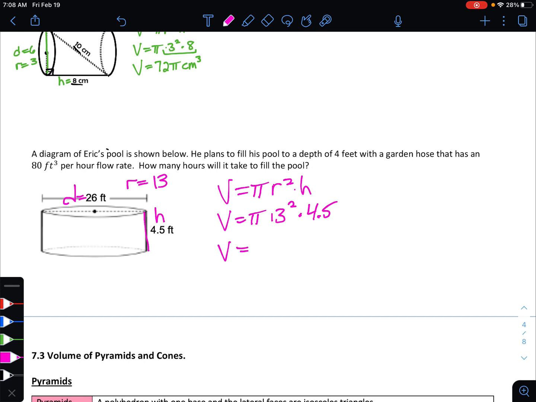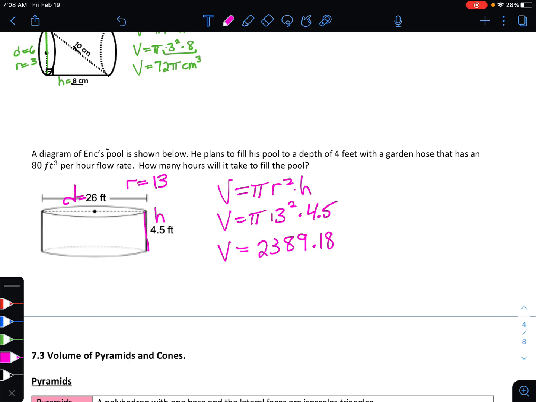So that's going to be pi multiplied by 13 squared multiplied by 4.5. So as a decimal, what I'm coming up with here is that we have 2,389.18 as our volume for our pool.